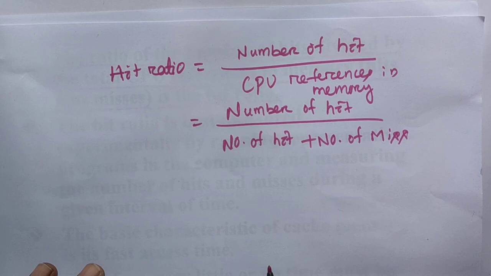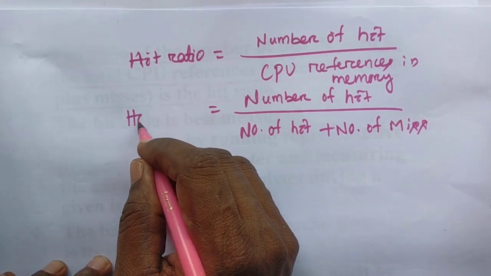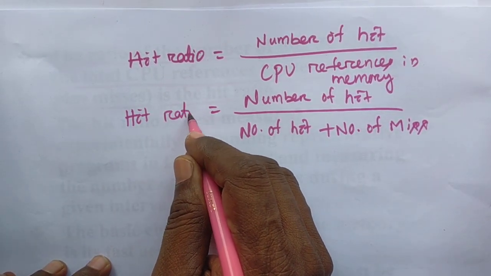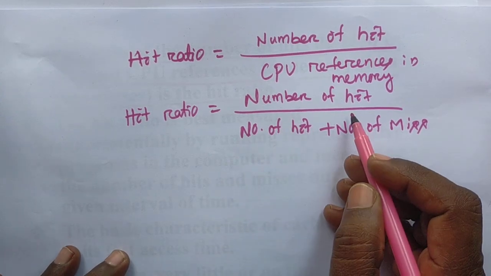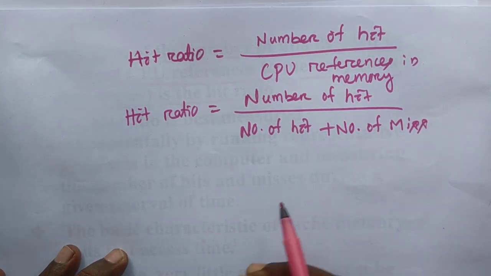So the hit ratio is defined as the number of hits divided by the number of hits plus the number of misses.